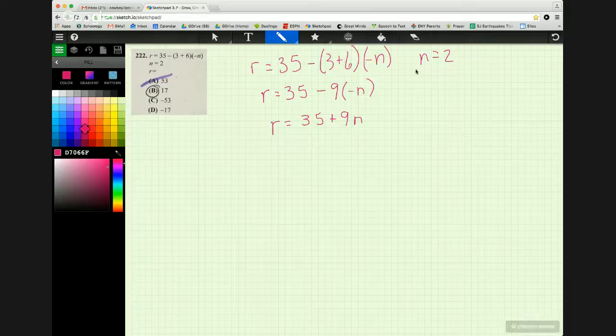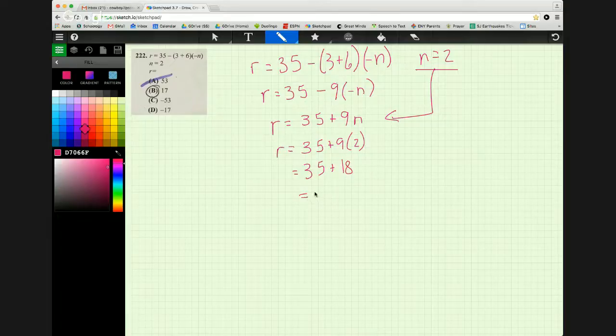And now I'm going to take this N equals 2 and plug it in here. R is equal to 35 plus 9 times 2 equals 35 plus 18 equals 53. So our answer is 53. I can see what the person who worked this problem before did, and they got confused on their negative signs.